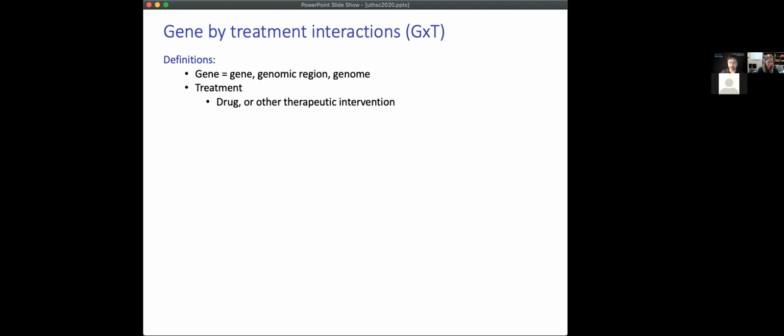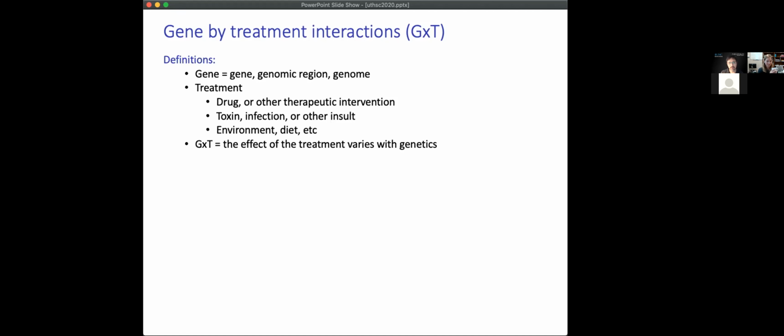And by treatment, I might mean a drug or some other therapeutic intervention, a toxin, an infection, or some other insult, maybe an environment or a diet. All of these things I'm just broadly describing as a treatment. And what I define G by T as is where the effect of the treatment varies with genetics.